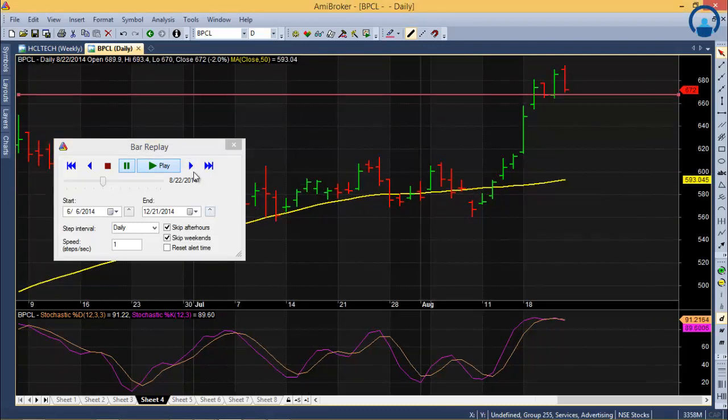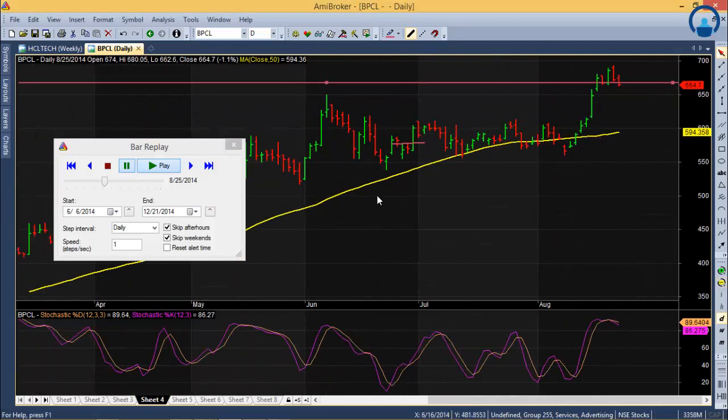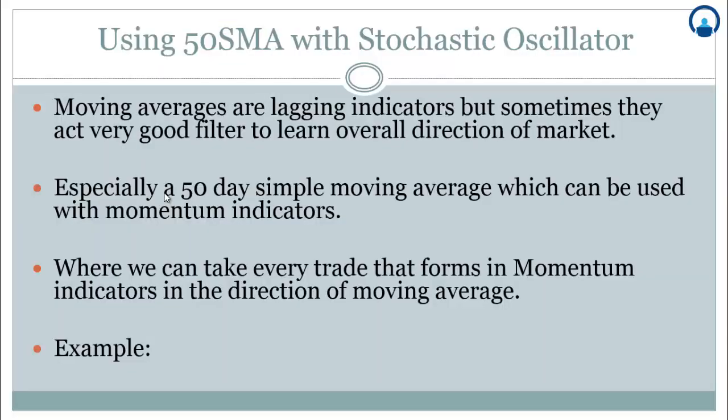Revised to this price and stopped out the next day. So entry was made here with this as stop loss, revised to this price, and we exited at these prices. In the complete process of the chart, you can see the moving average is steadily rising higher, suggesting that prices still have more upside to come. Thus, you can use the stochastic oscillator with the 50-day simple moving average and trade in the direction of the 50-day simple moving average.